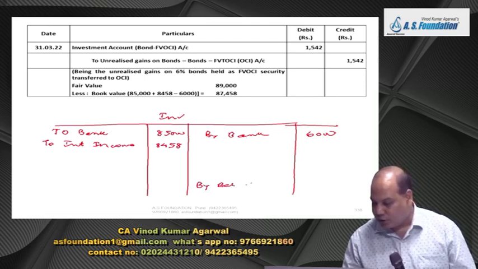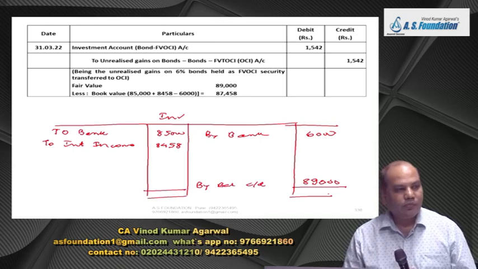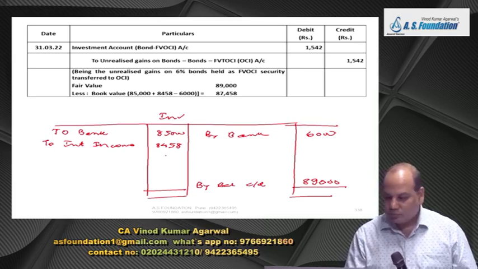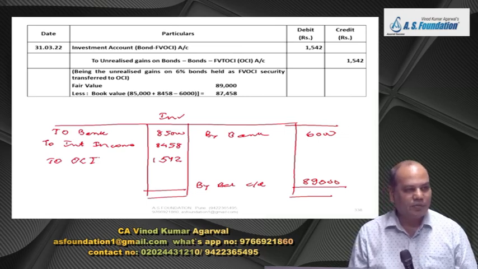And the balance that I need to carry forward is 89,000. This is the first year ledger account. Therefore, the balancing figure, which side is it? Debit side. Tell me the balance. 15,42. Debit side. So you will write down to OCI, fair value reserve. You can give some name to this.